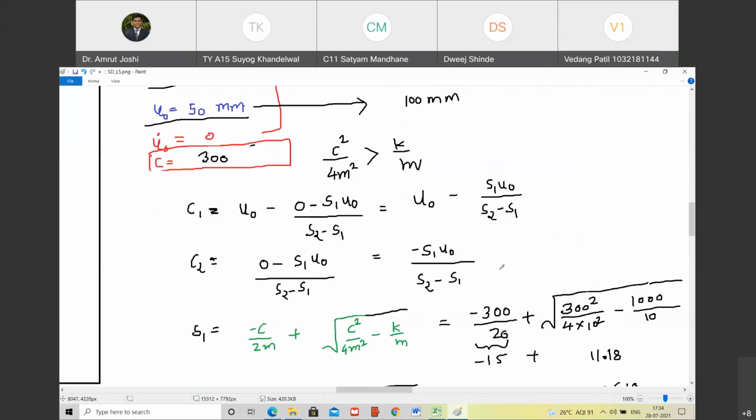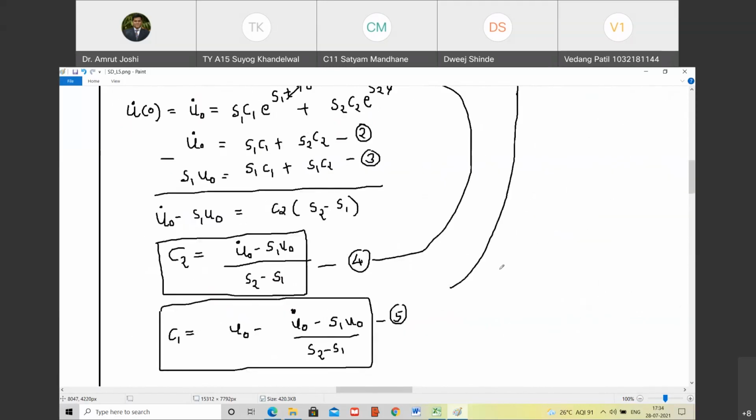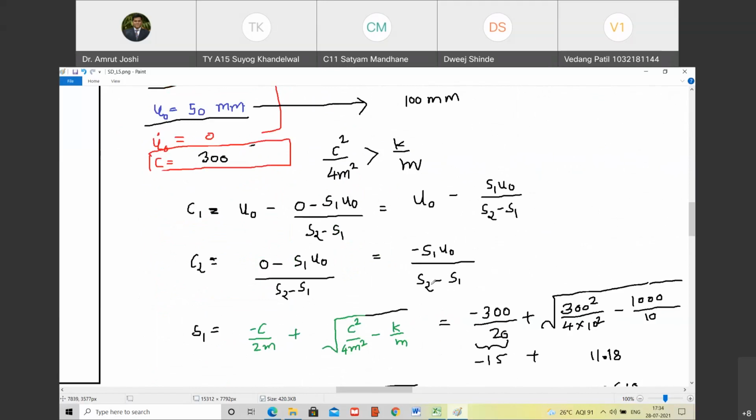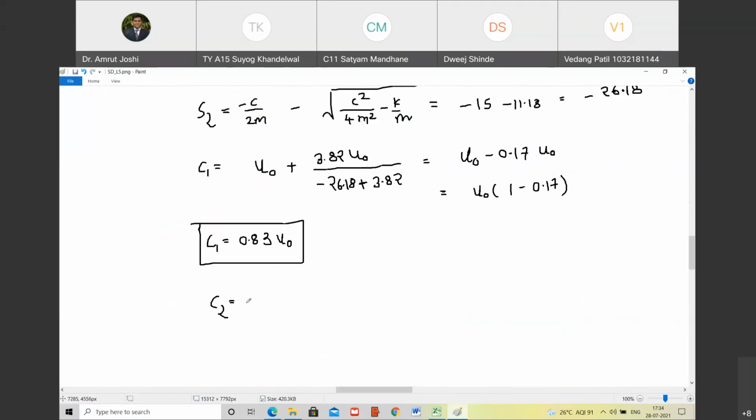Is it correct? The minus sign will come, right? S2 minus S1 is negative, S1 is negative. That negative sign will get cancelled out. This negative sign will stay, and therefore this value is going to be minus 0.17 U0. Agree with me?